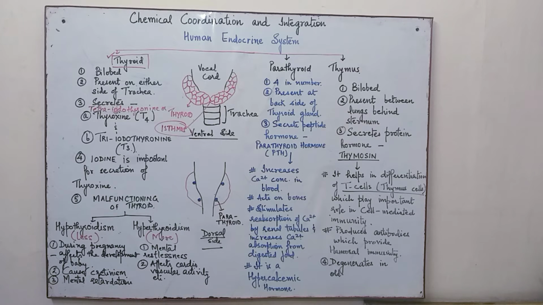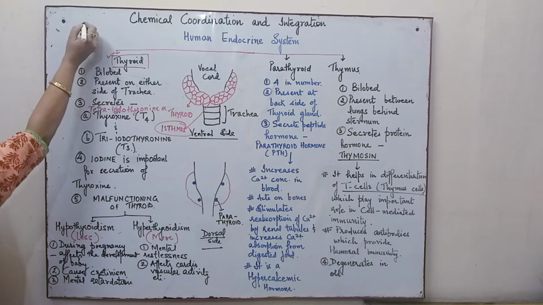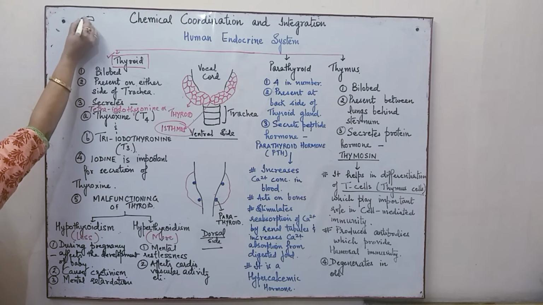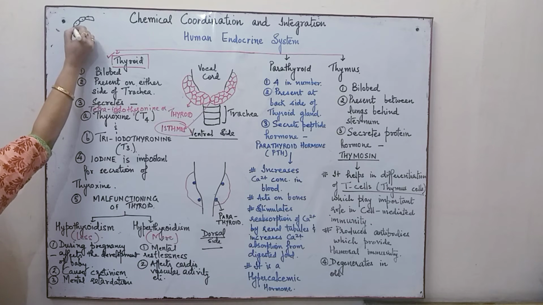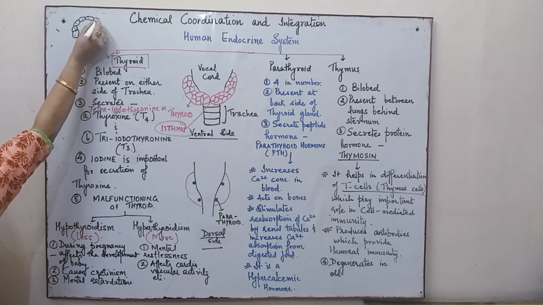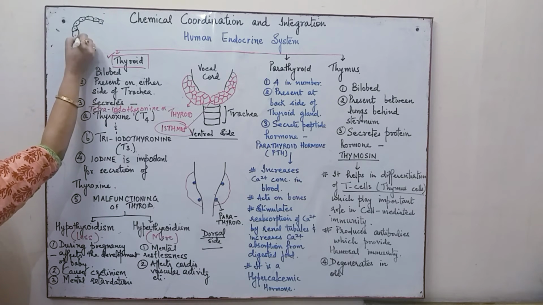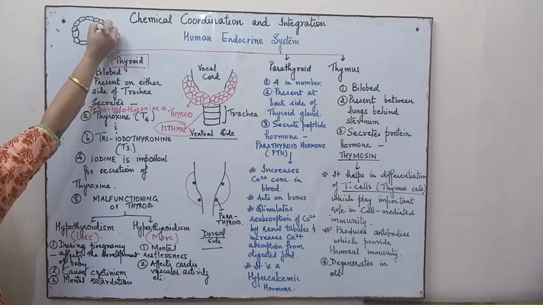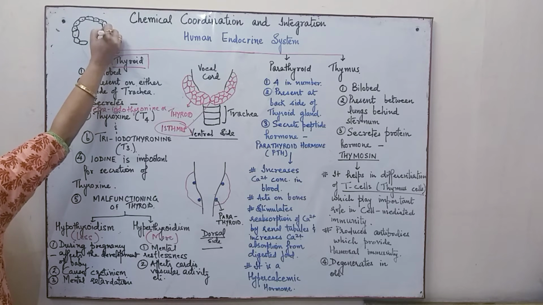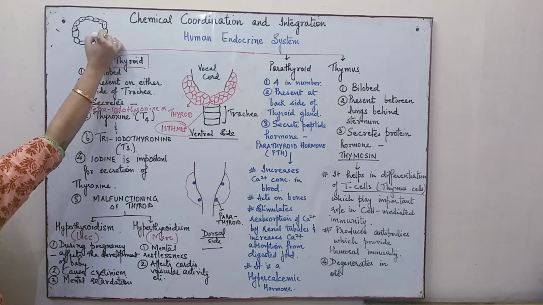The thyroid gland consists of two types of tissues, that is the follicular tissues or follicular cells and the stromal tissues. The follicular tissues enclose the cavity, and this cavity is surrounded by stromal tissue.